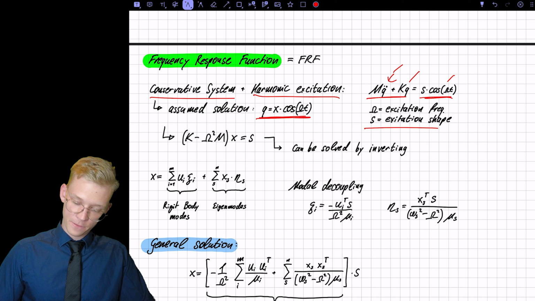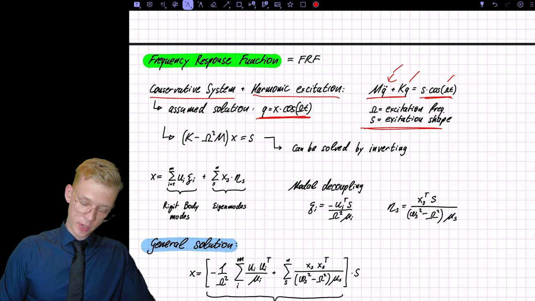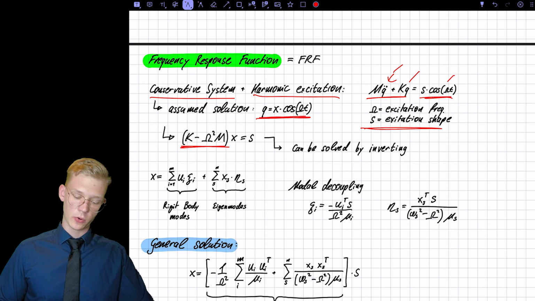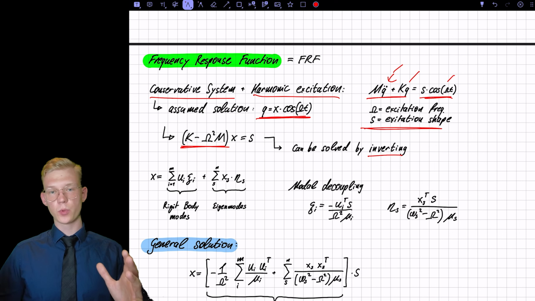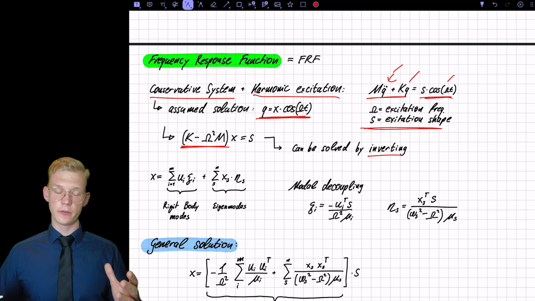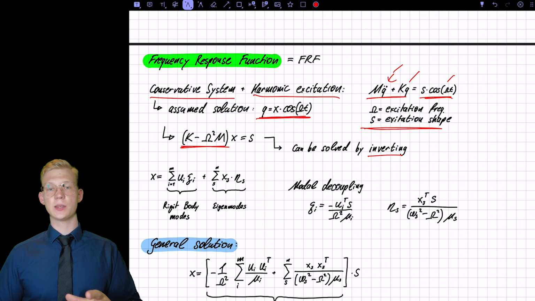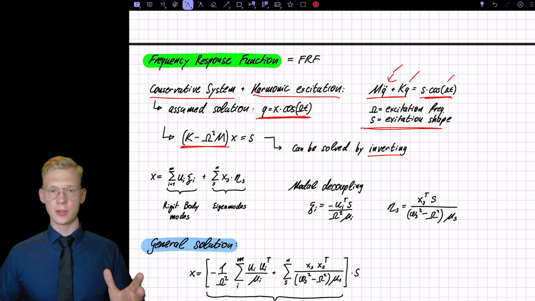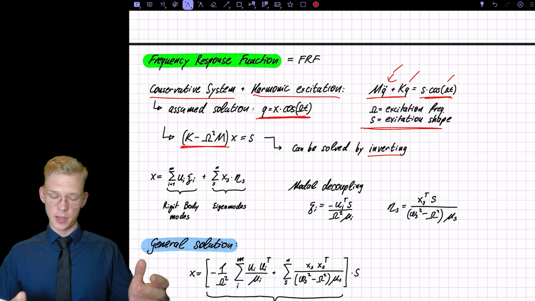We have excitation frequencies, and if we insert that into our system, we could solve that by just simply inverting. But we don't want to do that because this is very difficult, especially when we have systems that are larger than 10 by 10 or that are something like 1,000,000 by 1,000,000.